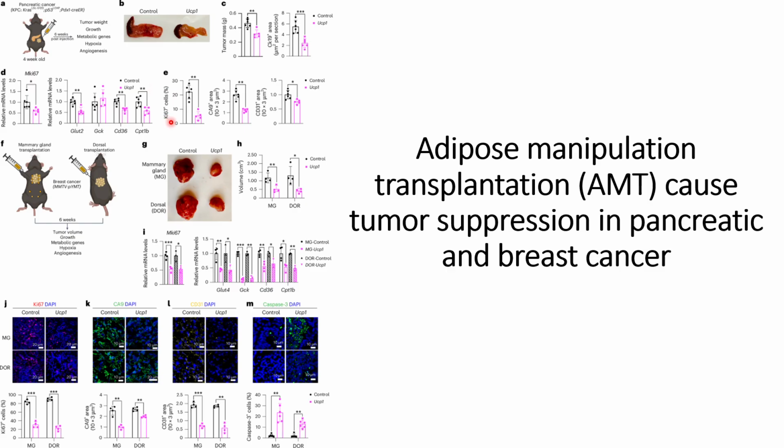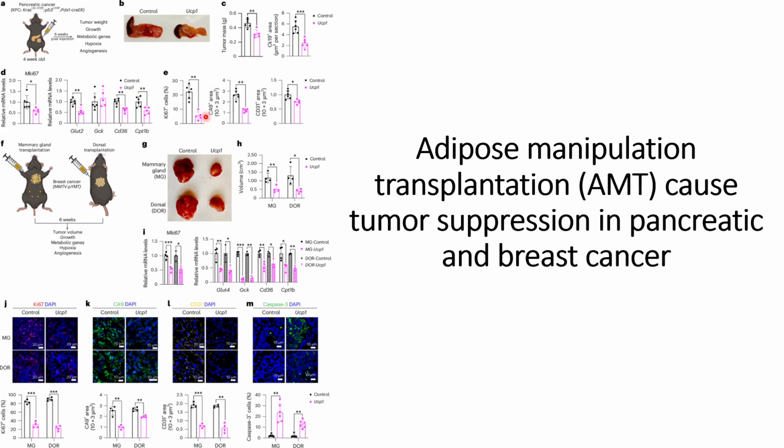And when they checked another proliferation marker, Ki67, this also goes down in tumors co-transplanted with adipose in which the UCP1 gene is upregulated.